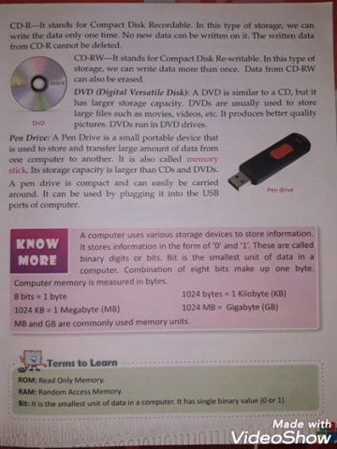So MB and GB are commonly used memory units. So beta, in your senior classes we will get to know more about these units of memory. So for now, that's all for your chapter.